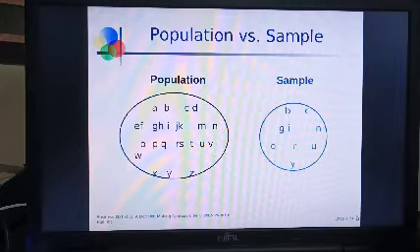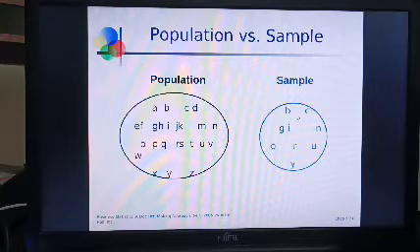To illustrate further visually, this is population versus sample. Say, in reality, we have our alphabet, A, B, C, D, up to X, Y, Z. There are, I think, 26 of them from A to Z. If this is the entire population of our alphabet, a sample may be just a subset of that.